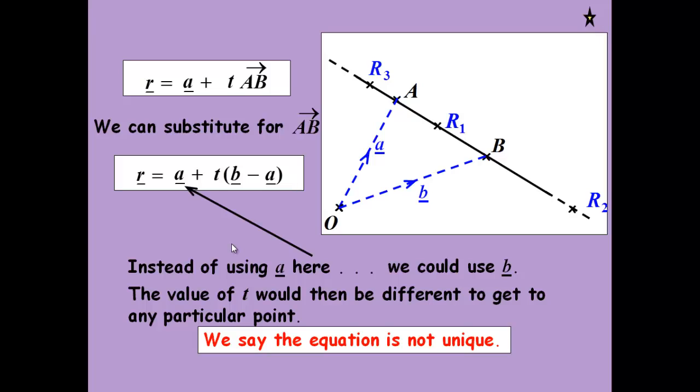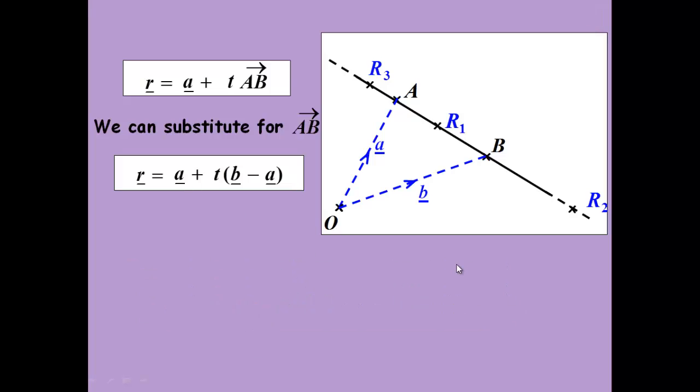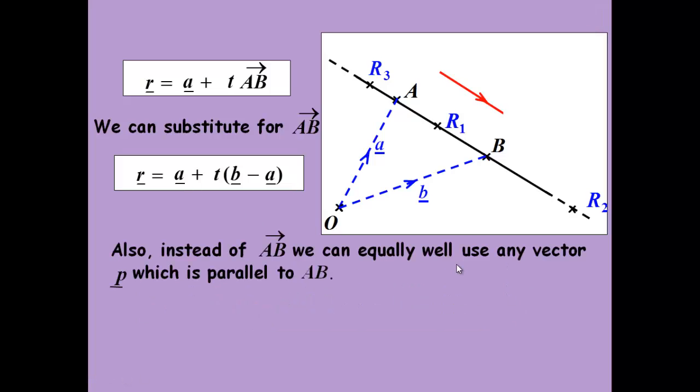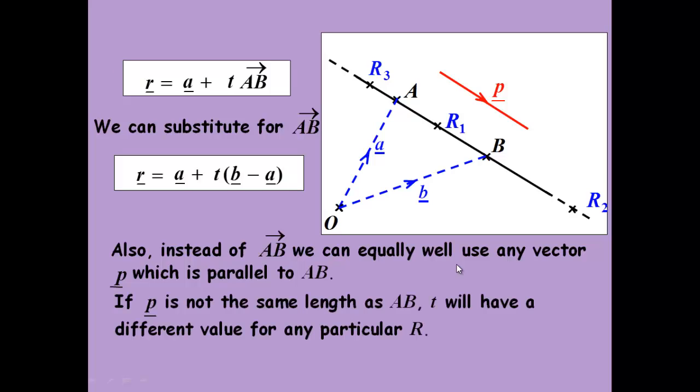So in other words, the vector equation of a line isn't unique. But what it does achieve is it enables us to find any point on that line. So we could have used, instead of AB, any vector that's parallel to AB or collinear to AB on the same line.